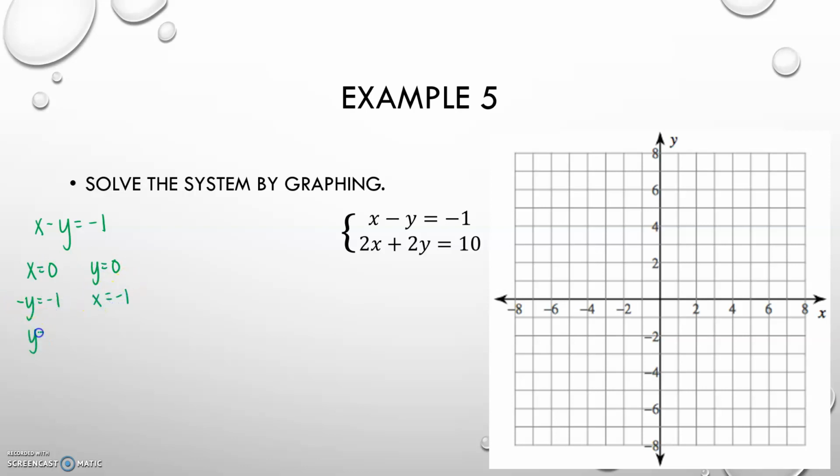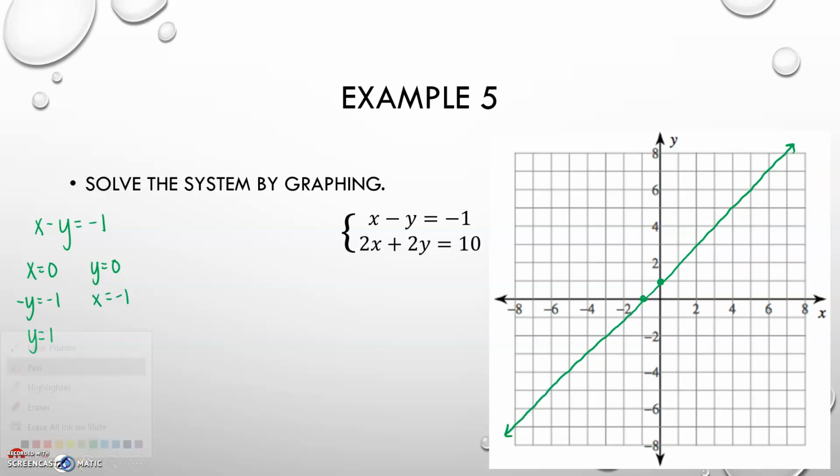So this would be y equals 1 and x equals negative 1. Connect my dots. Again, trying to be as accurate as possible. I'm doing this by hand, so it's not going to be perfect.